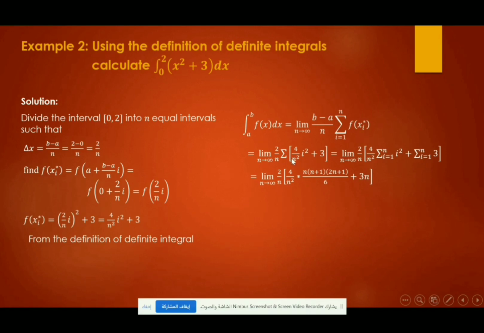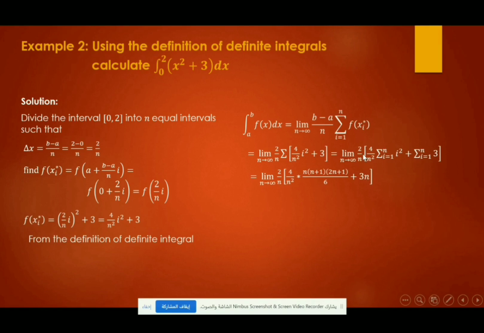The length is 4 over n squared i squared plus 3, which is coming from here. Width by length, sorry. That all equals the limit when n approaches infinity of 2 over n.